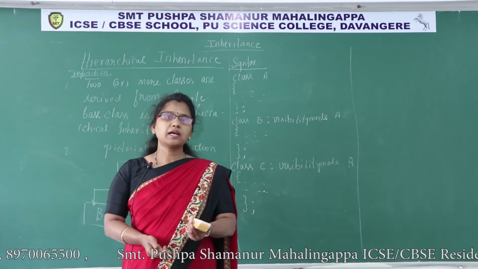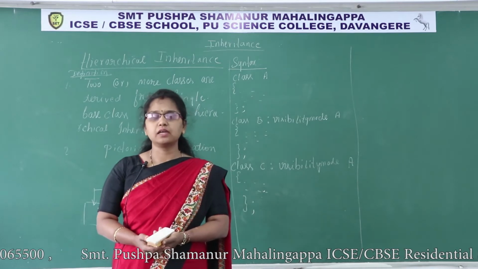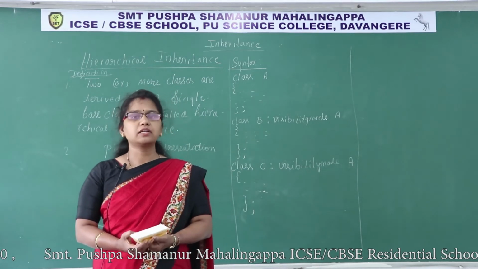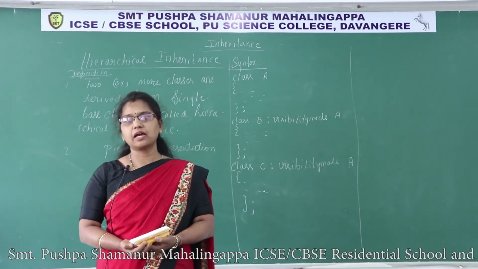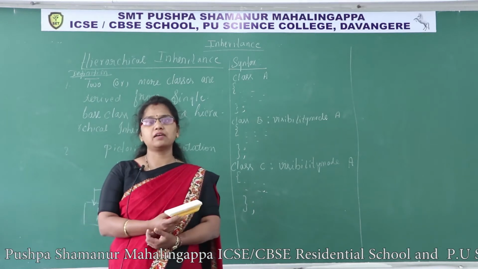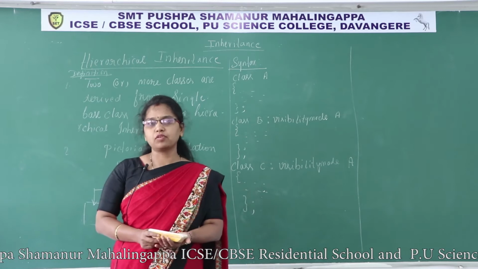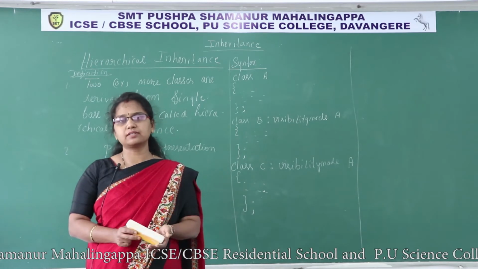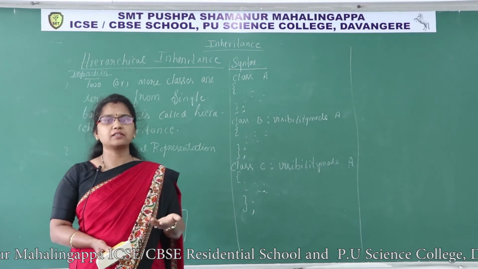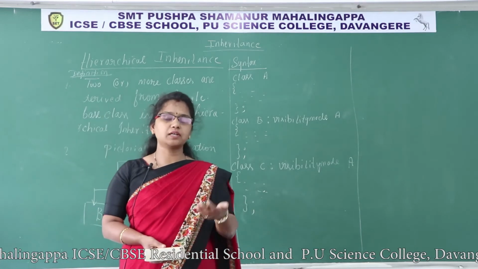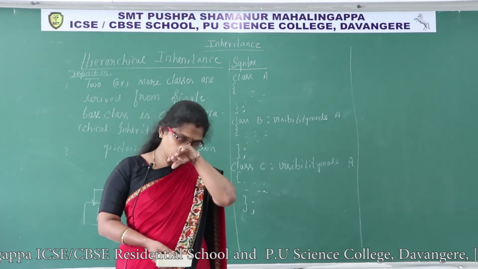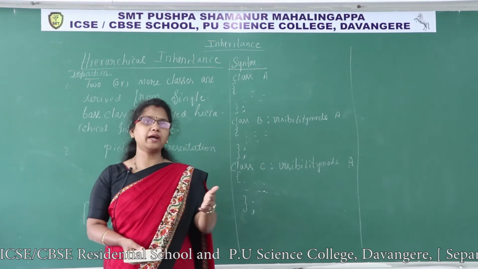So both classes require the same properties. Instead of declaring these data members in both classes, I can take a class containing address information. What are the details for address? Address, city, street, state, pin code, these all come under address. It is common for both employee and customer.